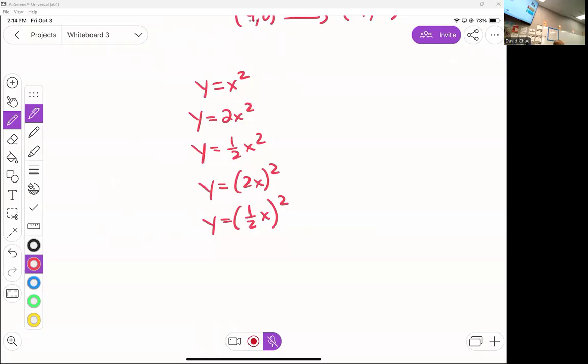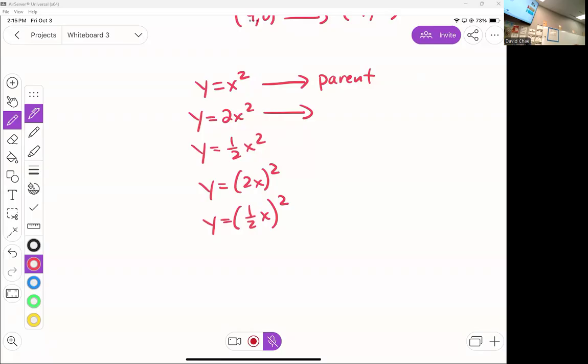So now notice I'm actually putting a function in. Like you know how we learned all those functions, the quadratic, the linear, the square root. Now this is what it's going to look like. The first one is the parent. How would you describe the second one, with the 2 in front?